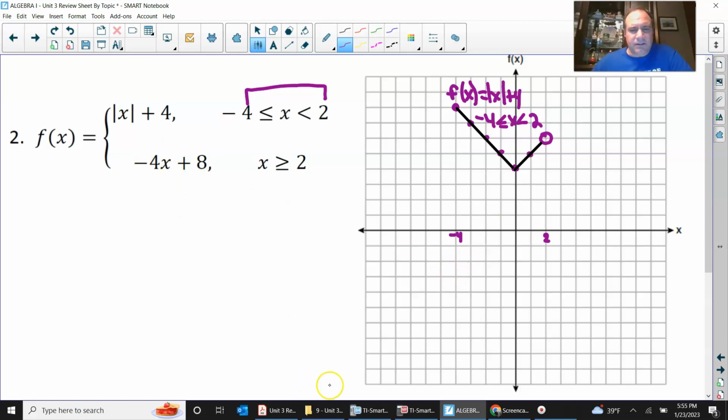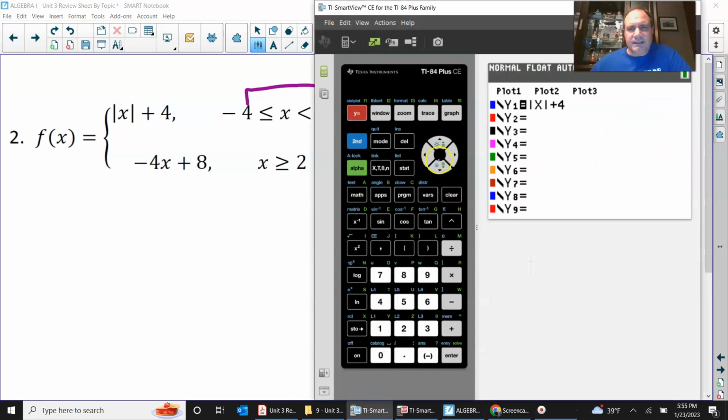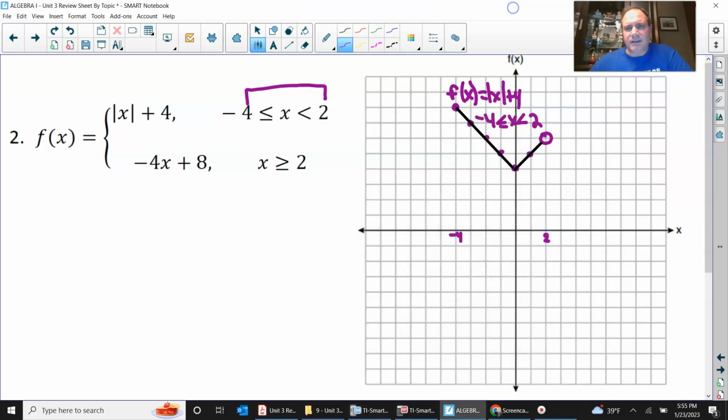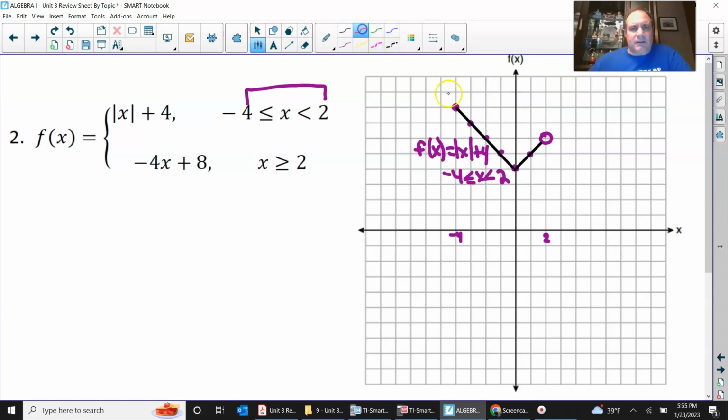This is linear, so I am going to graph this now. y equals negative 4x plus 8, and I'm going to graph it. So obviously this is going down from left to right, and it's crossing at 8. I'm going to graph this.